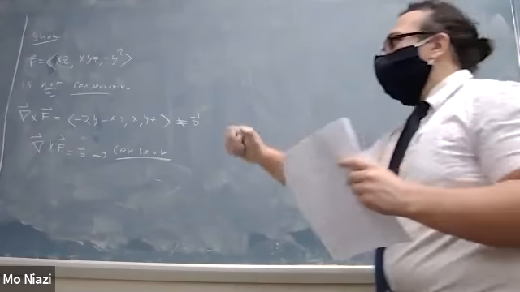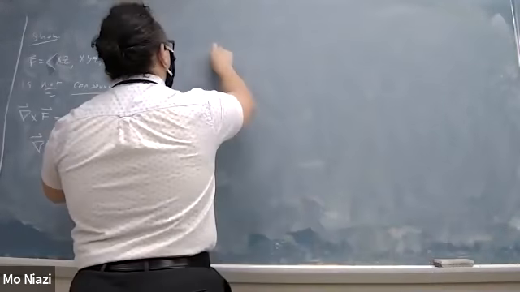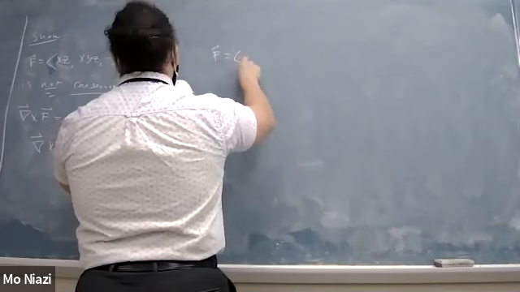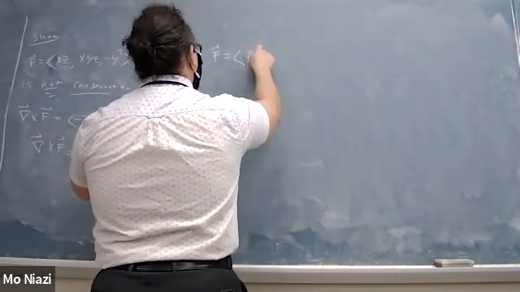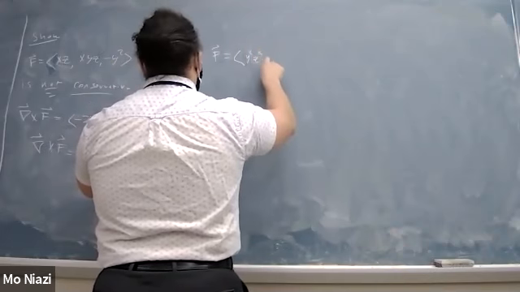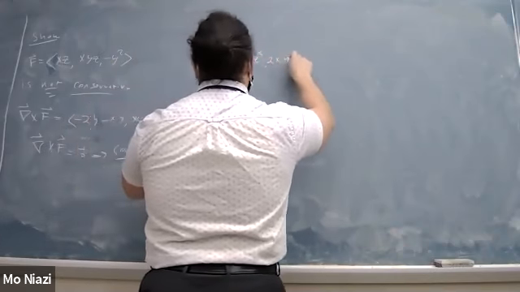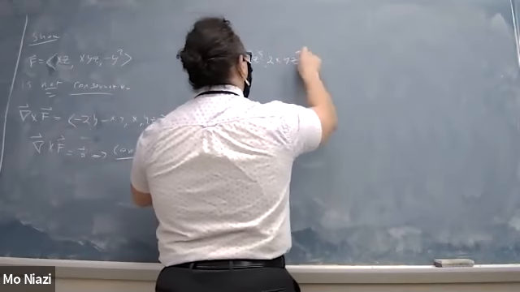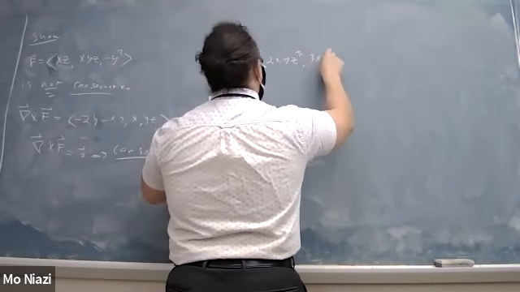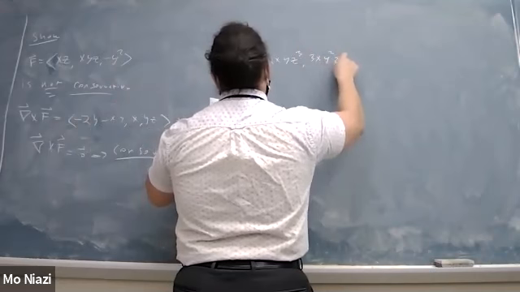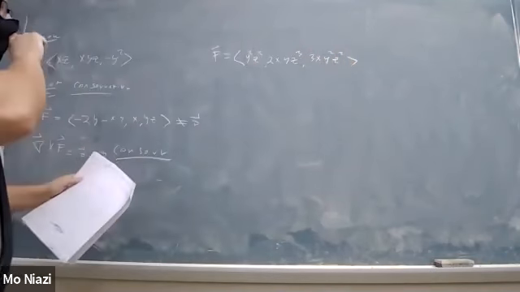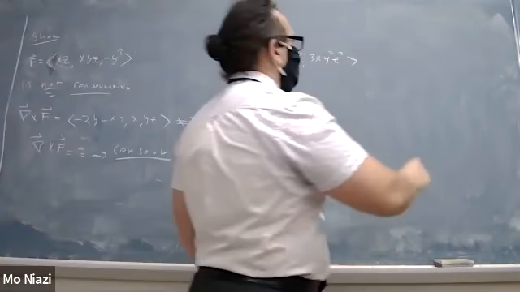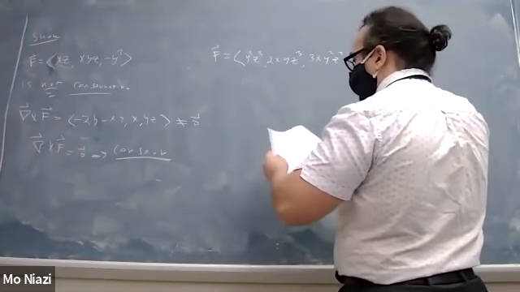So let's show that this vector field is conservative.